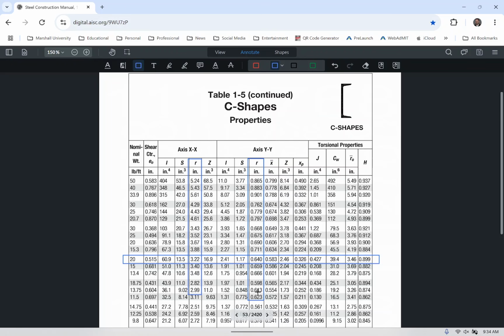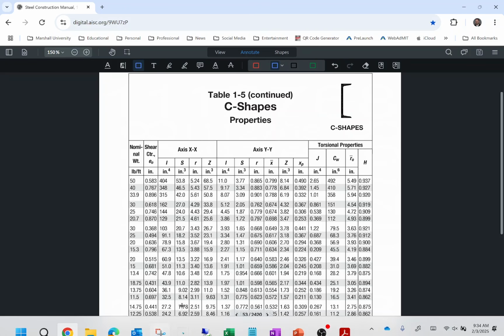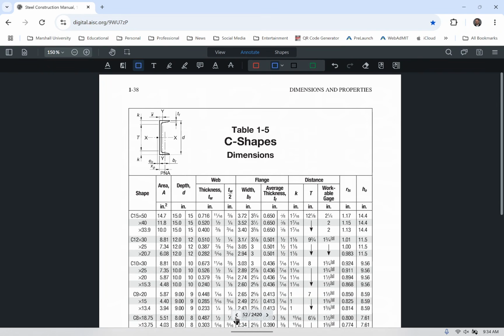So what I want you to do is tell me what is the smallest shape that you can find that has a gross area of at least this and a radius of gyration of at least this. And we're looking for the lightest shape. So try a C something by something.